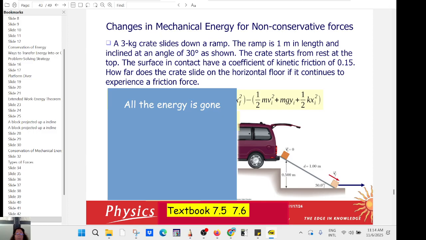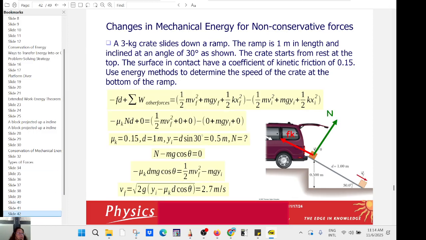Okay, so now it's something different here. So it goes down. How far? So it goes down, and then you keep going and losing some energy. So now we went from here to there, right? Here it has some kinetic energy, and we know the speed. It's 2.7. So potential goes into heat and kinetic.